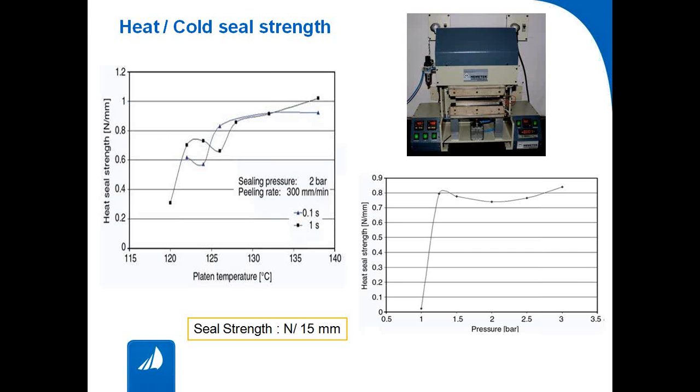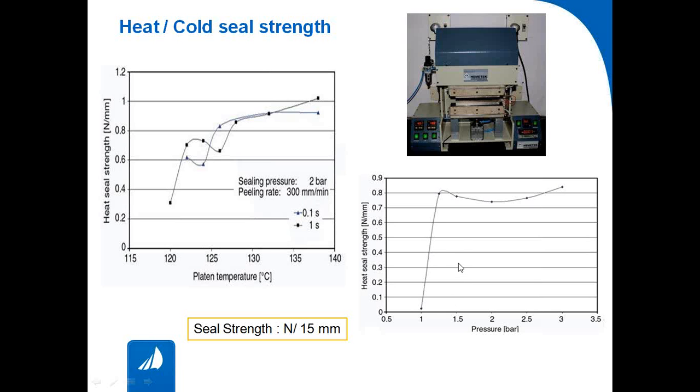It depends on the contract between the manufacturer and the end user of this material. You can see that this plot mentions the sealing pressure and peeling rate. So at what rate it is being tested and at what pressure it was sealed are all defined, because with a change of sealing pressure, the seal values may differ.